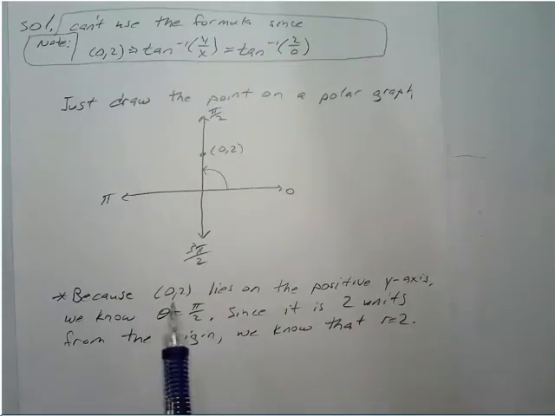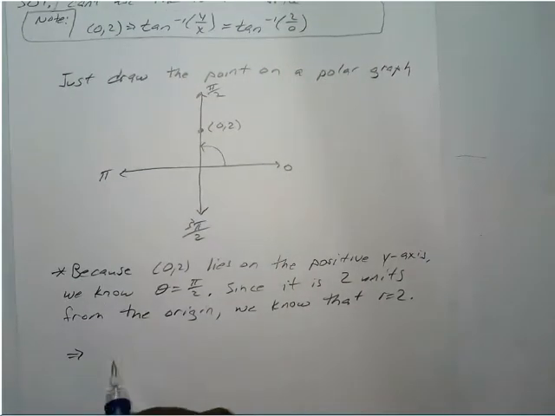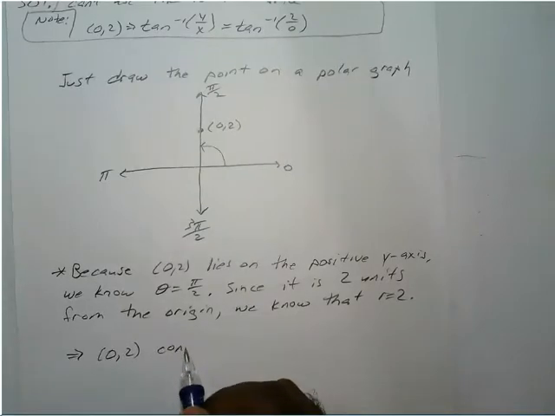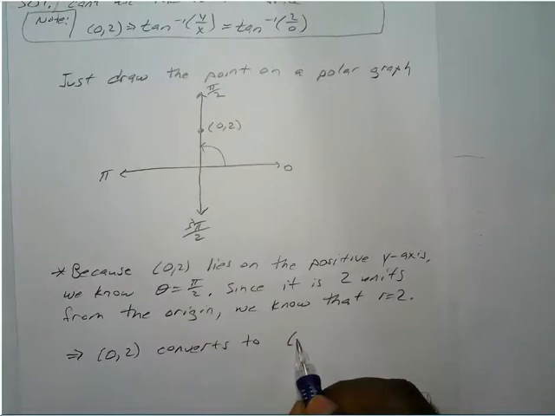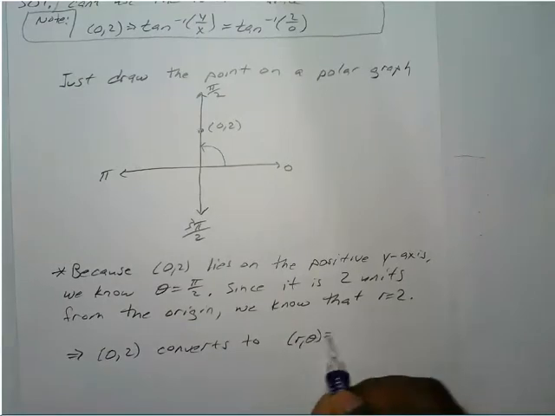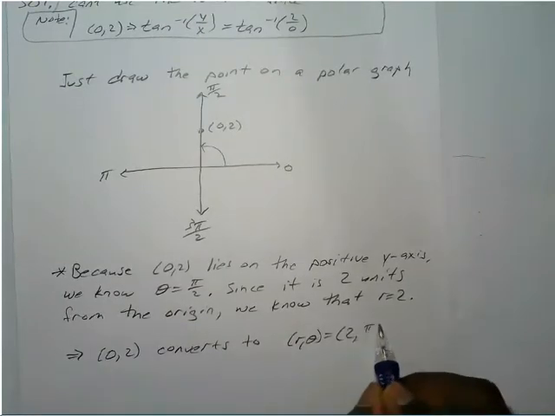So we have our coordinate points. We know that (0, 2) converts to our (r, theta) equals (2, pi over 2).